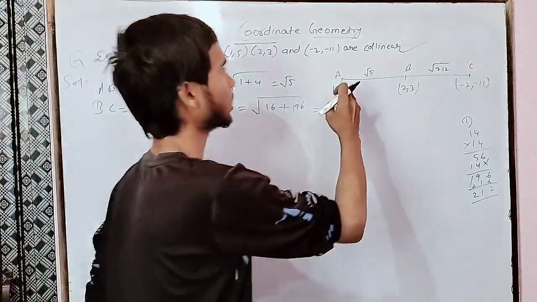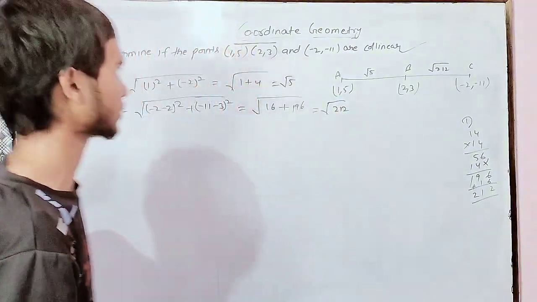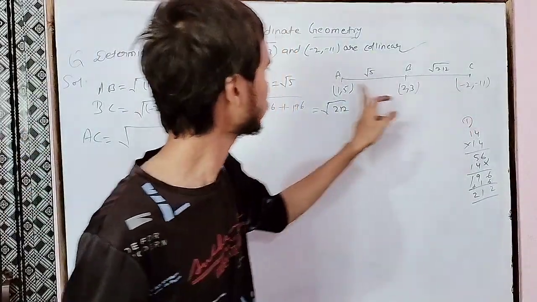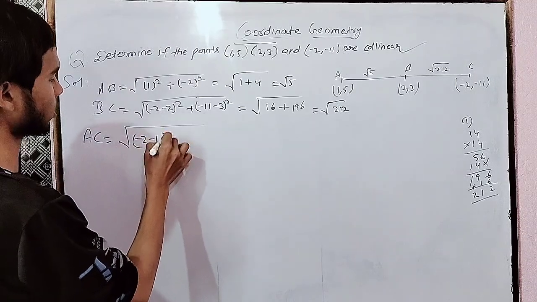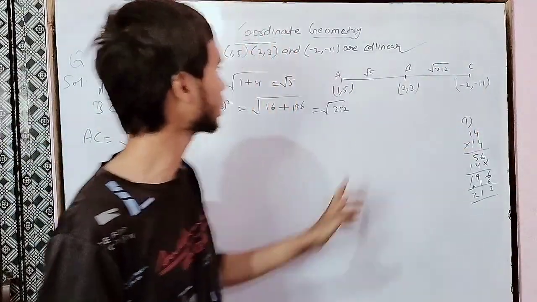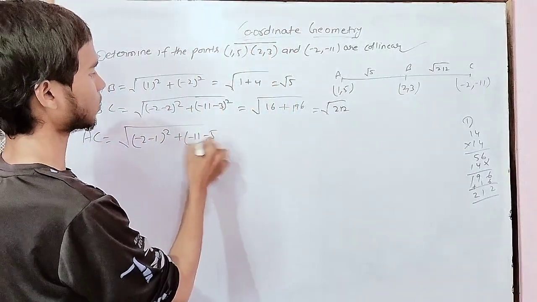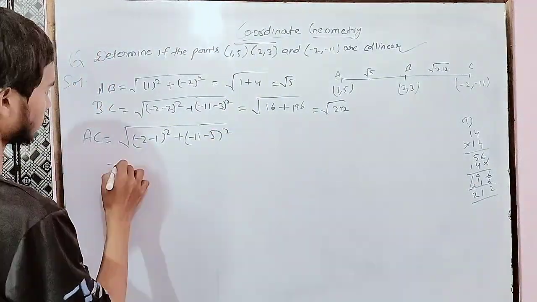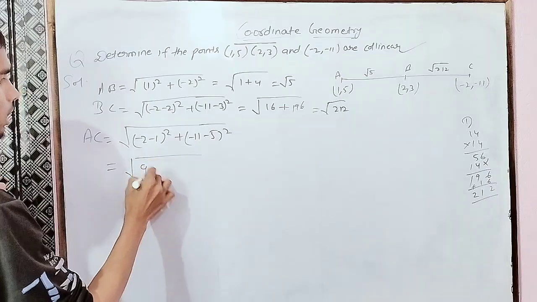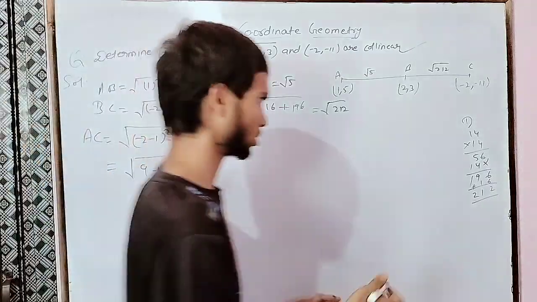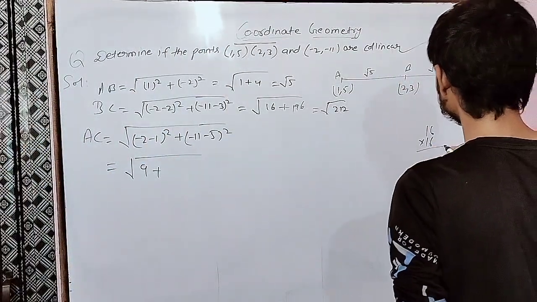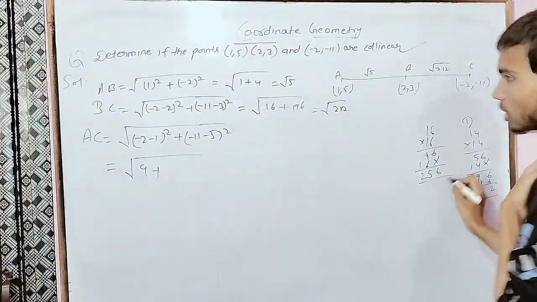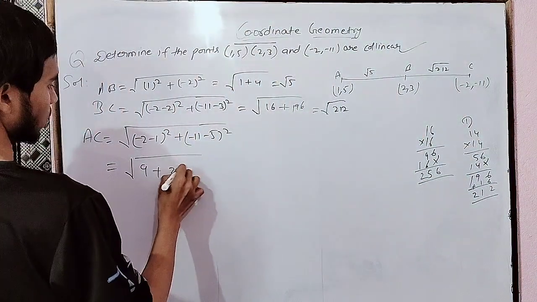We are going to find the distance between AC. So minus 2 minus 1, squared, and minus 11 minus 5, squared. Now simple: 3 times 3 is 9 and 16 times 16 is 256.